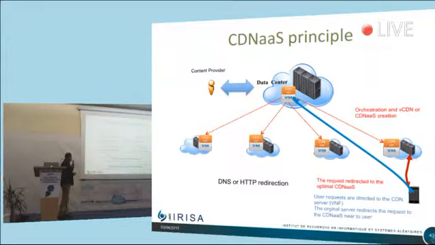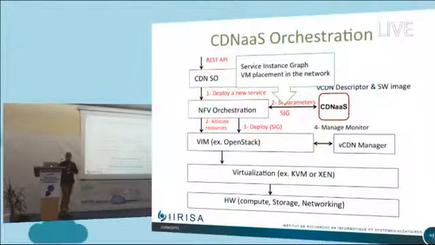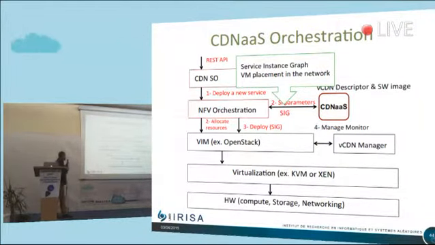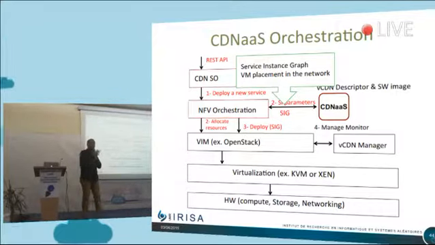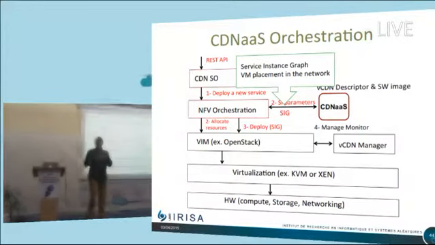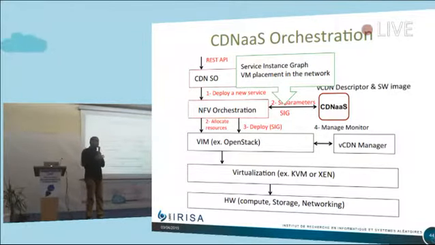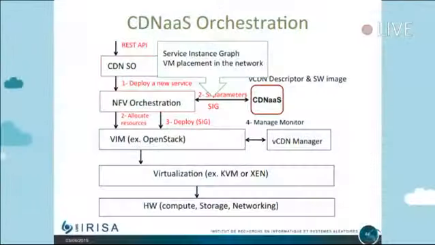The request of the user comes here, and this service orchestrator will ask the NFV orchestration system, as defined by ETSI, to deploy a new service. Imagine that you have a video to deploy in a certain location, in order to serve a certain number of users. So you see clearly that some optimization algorithm is needed behind.